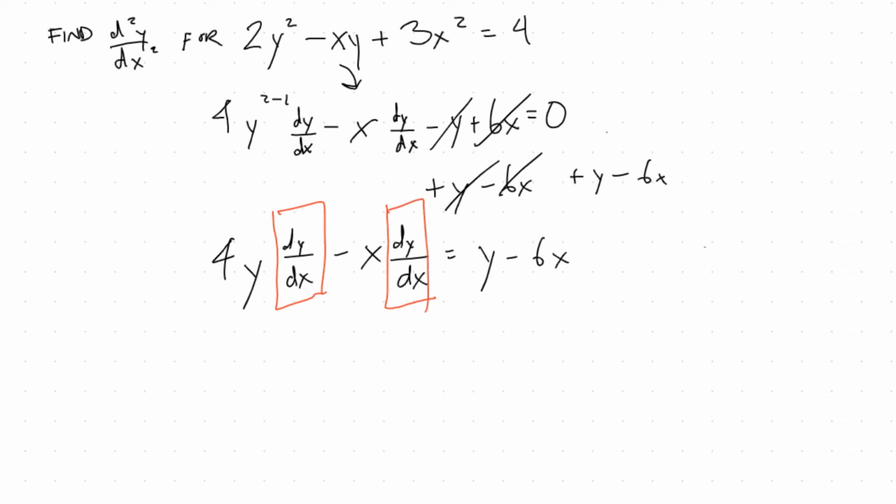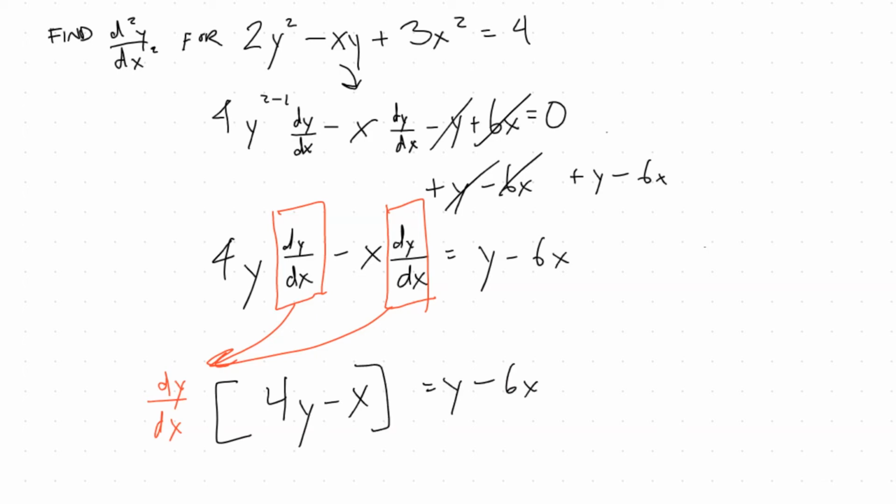And so I can factor this out the same way as I would factor it out if they had a common factor of 3 or a common factor of x squared or something like that. I can factor out whatever they have in common. And so I'm factoring out a dy/dx, which leaves me with, in the parentheses or in the brackets, whatever you want to use, 4y minus x.